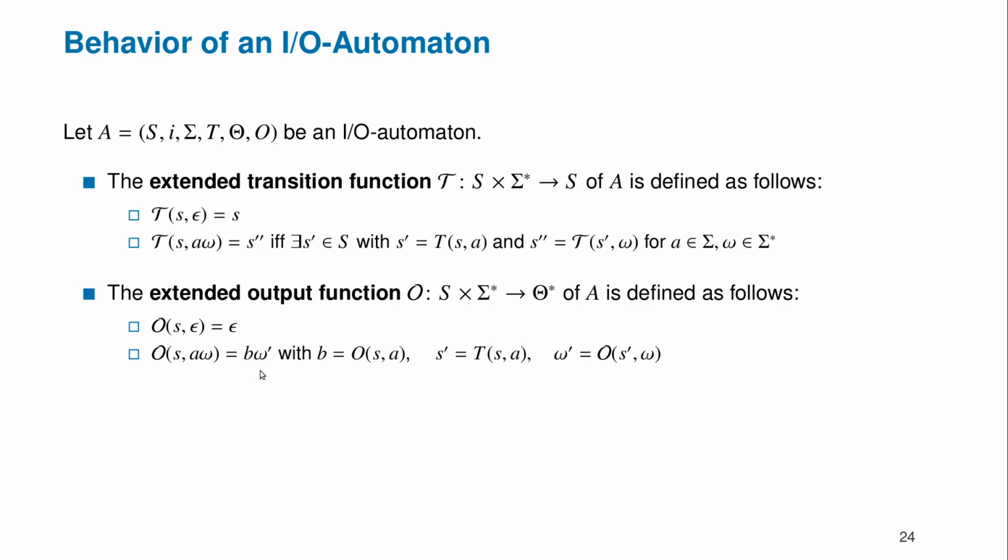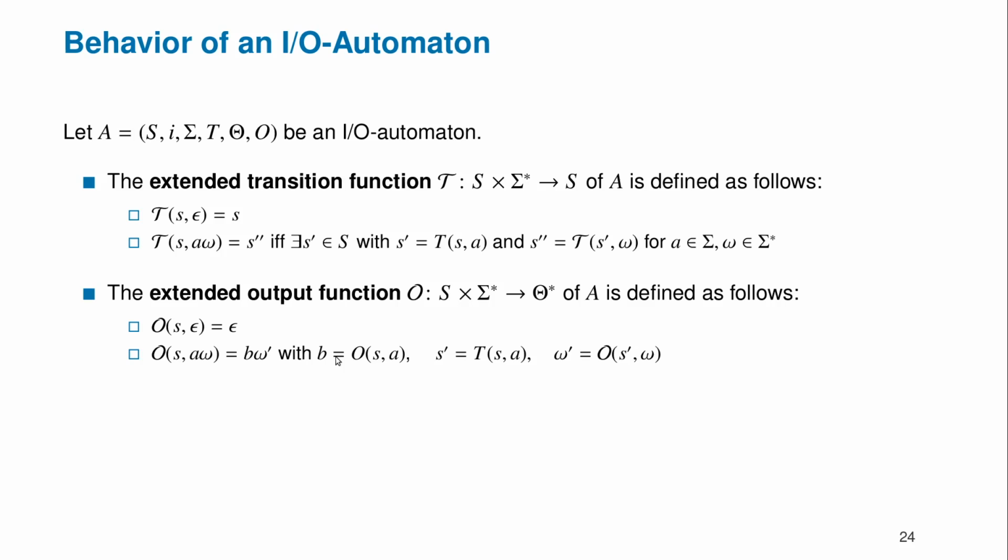Then this is the remaining output string. To say it again, the first letter is simply obtained by the original output function, and then we have to reuse the extended output function to map the remaining part of the word omega to a word omega prime over the output alphabet.